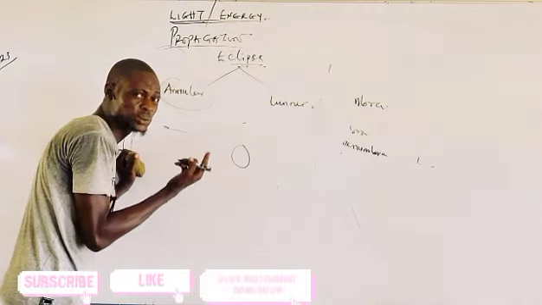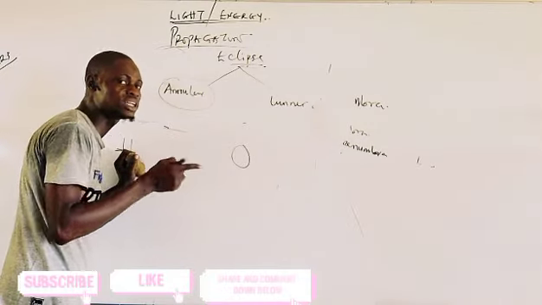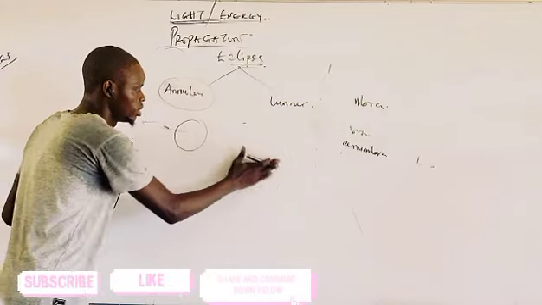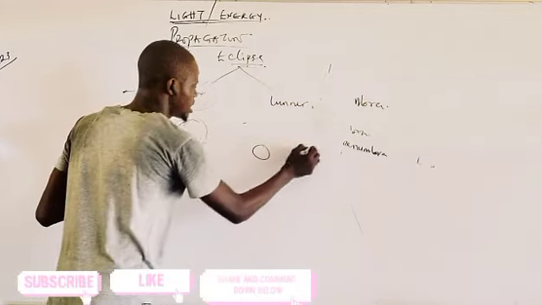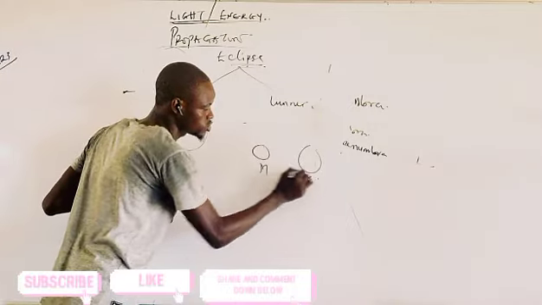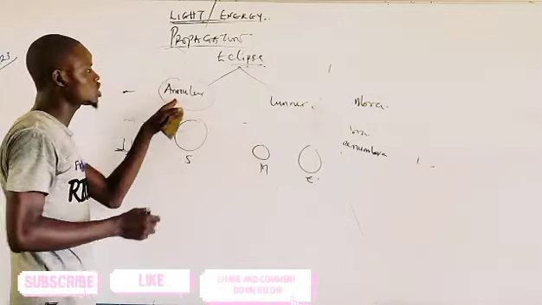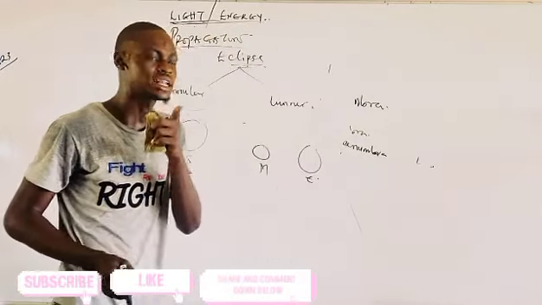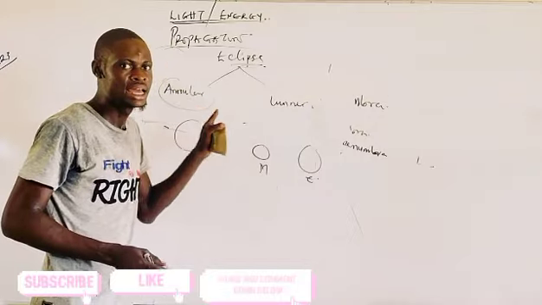The moon is a smaller object, even smaller than the earth, but the earth is smaller than the sun. The sun is here, the moon is here and the earth is here. When the moon comes in between the earth and the sun, it produces what we call a solar eclipse, which is known as an annular eclipse.